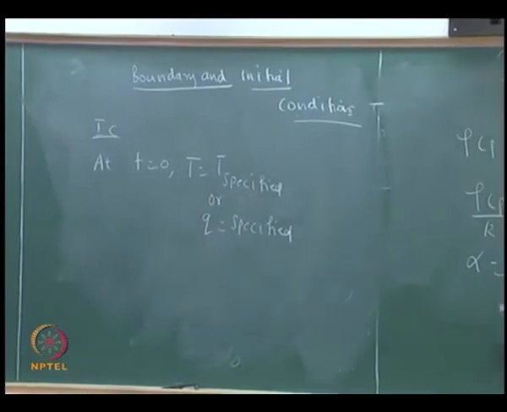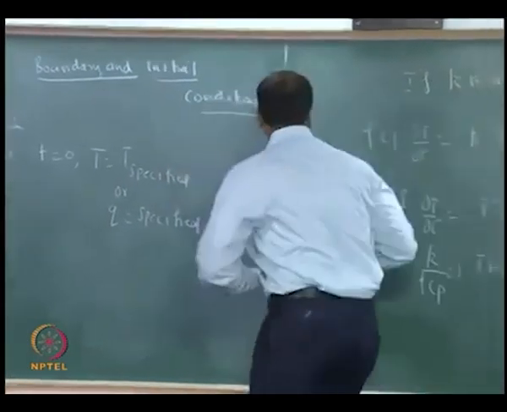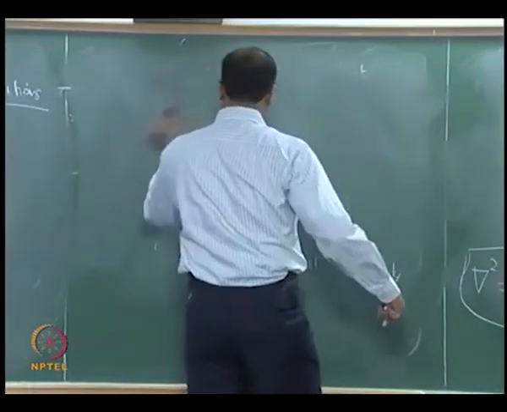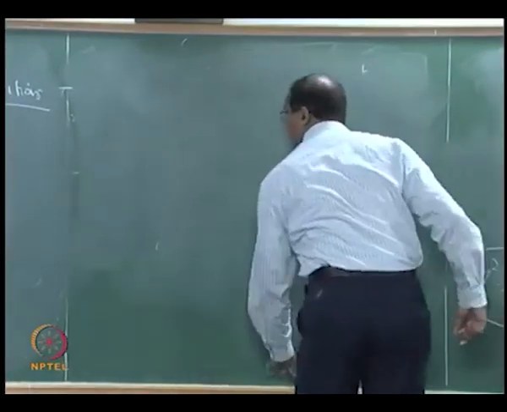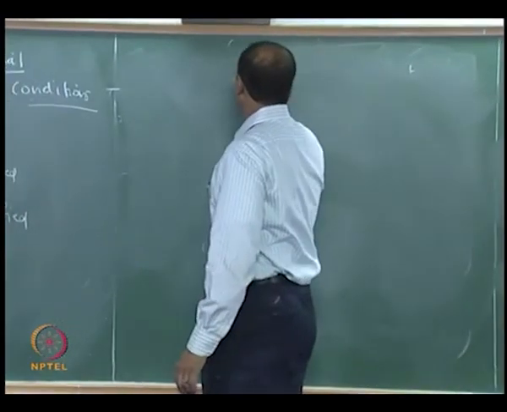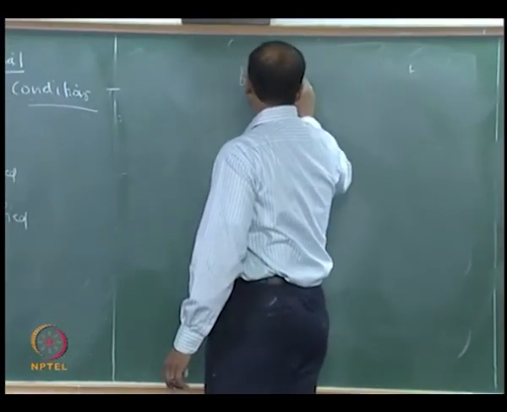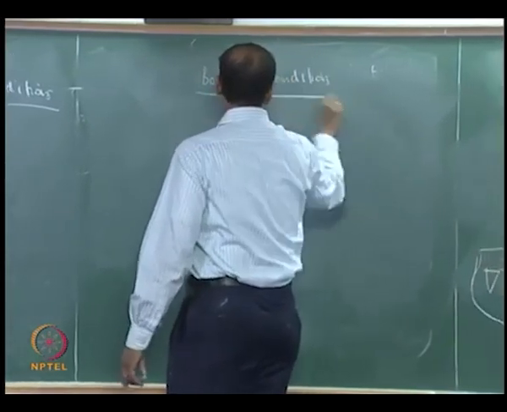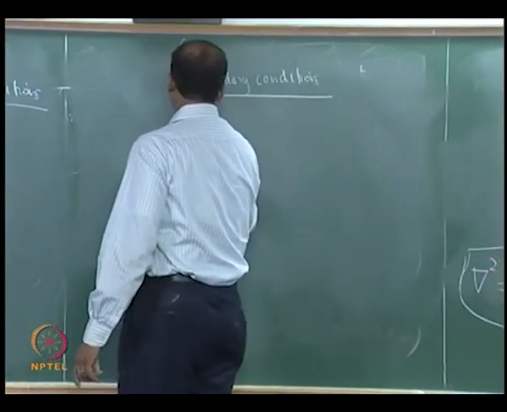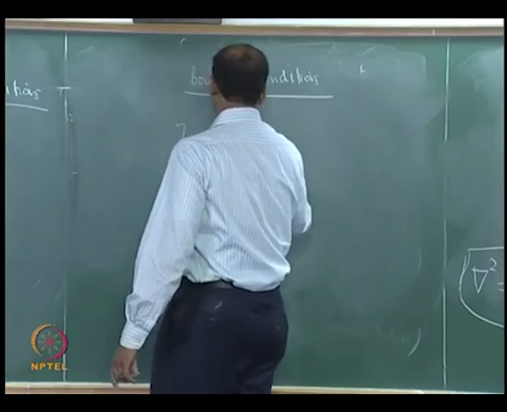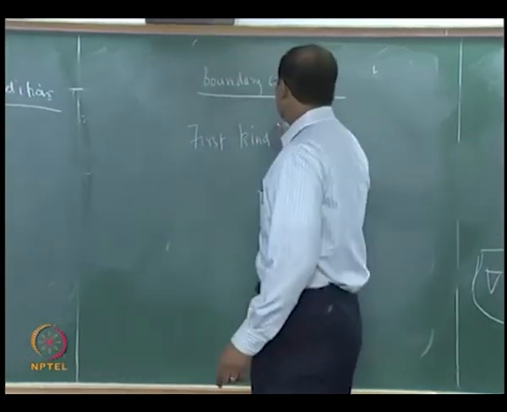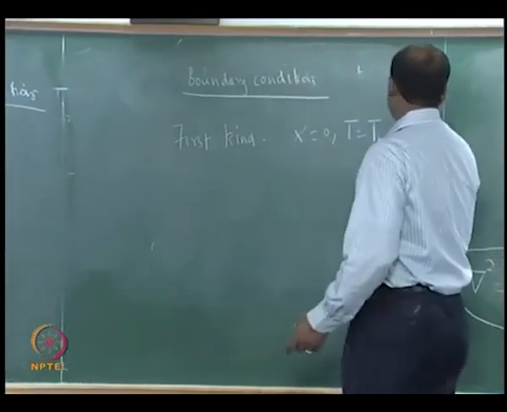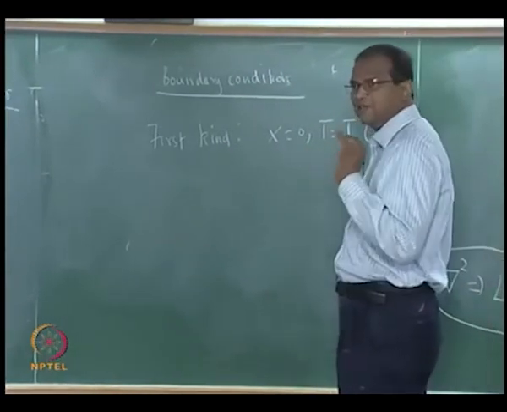So now, as far as initial boundary conditions are concerned, first kind is basically you say x equal to 0, t is equal to T1, say, that is temperature is specified.